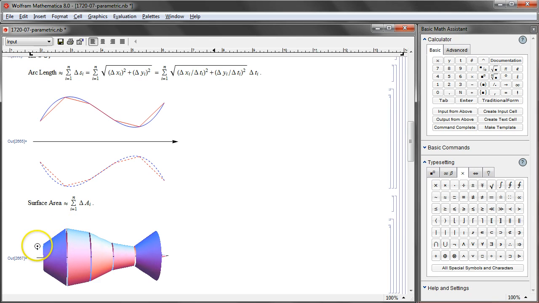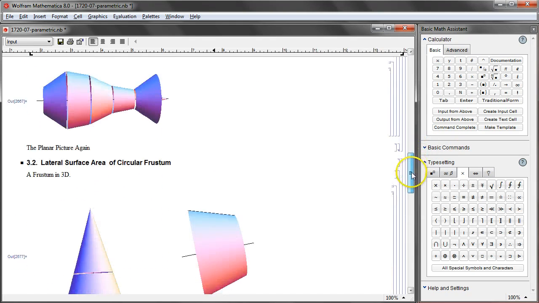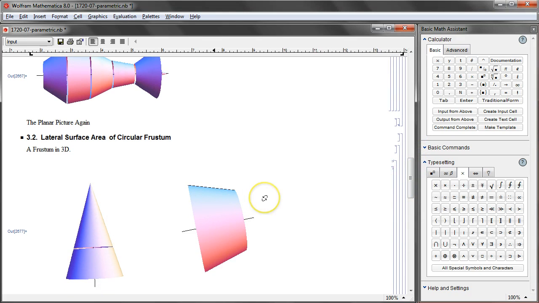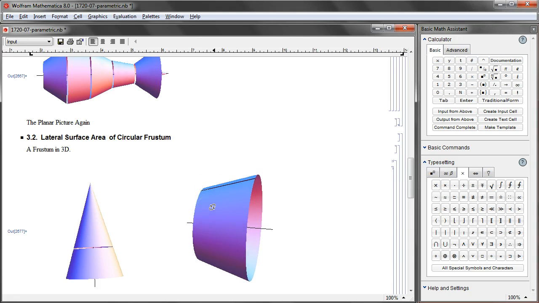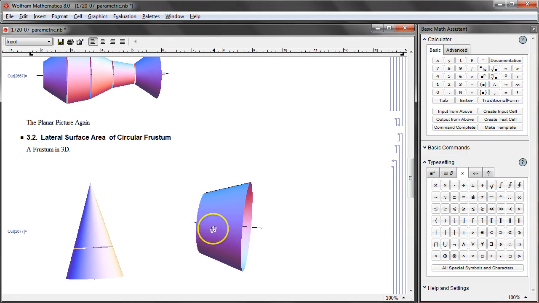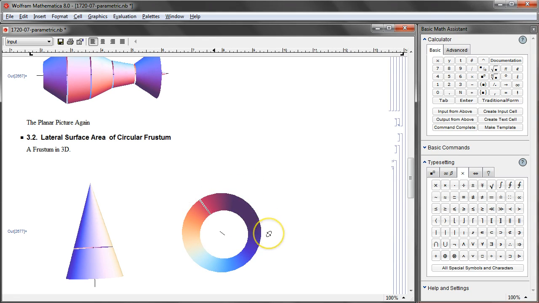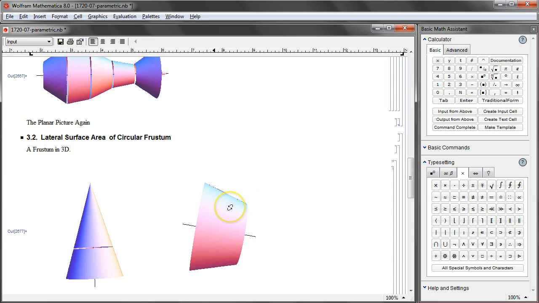The line segment obtained by the side of this frustum, which is represented by those black dotted line segments in this picture. Let's flip it. No, I like the previous picture better, excuse me. The black line segment on top, that corresponds to delta Si.